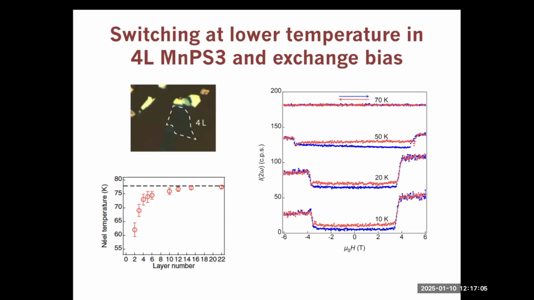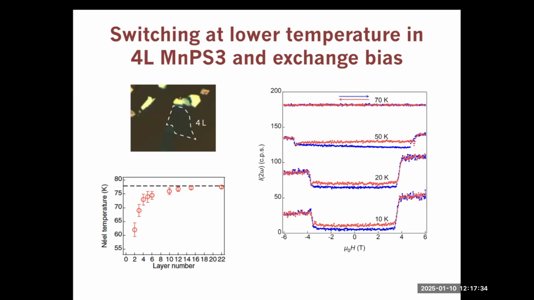I think we understand this, because the switching really depends on delta D over K. When the sample becomes thinner, delta D is larger and K is reduced due to the increase of fluctuation. That's the part we understand. But now if you look at a thin sample, the switching field is almost identical to the spin flop field, which we don't understand. If you have any insight, please let me know.